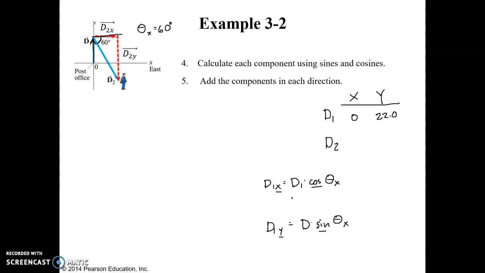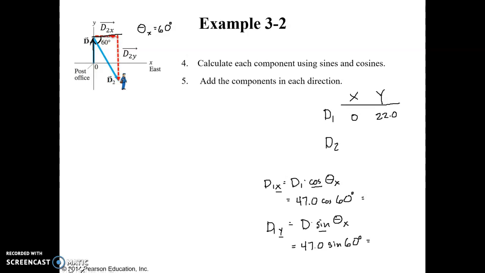Okay, so d2 was 47.0 times cosine of 60 degrees. And down here we have, again, d2 was 47 kilometers. This time we're going to multiply by sine of 60 degrees.